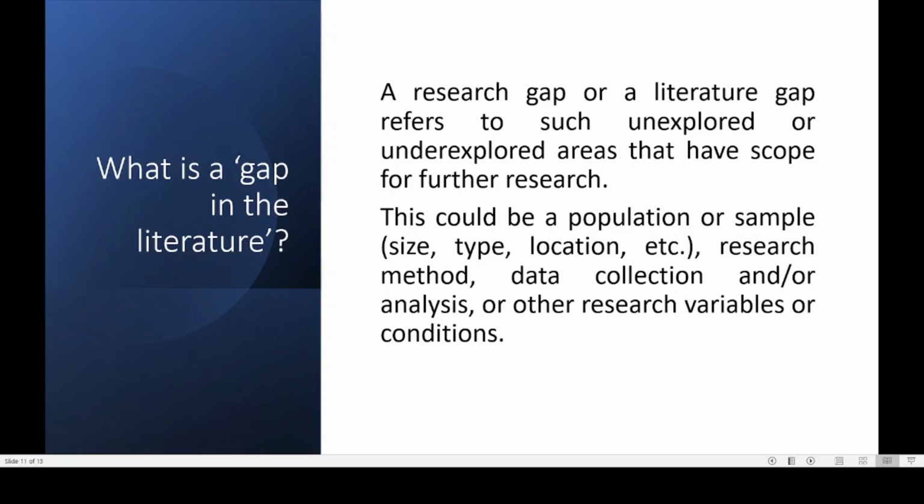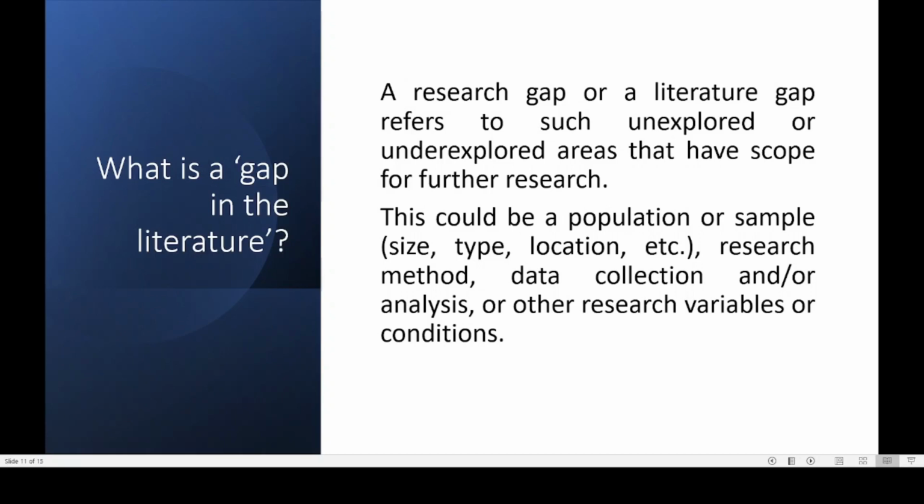Only a few species are reported from that family, maybe because that family is not always very visible. They may be found in certain areas only, so the researchers may not have gone to such areas. That may be the reason why those families are poorly reported. So that is a scope area, and such areas are known by the name research gap.